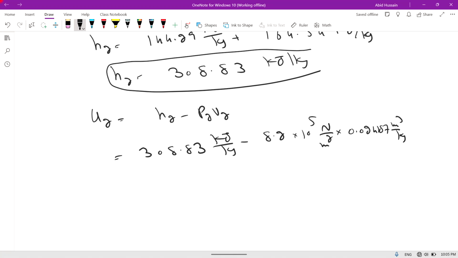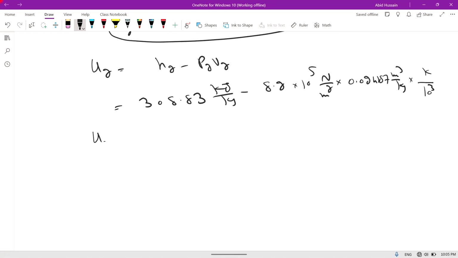But the first value is in kilojoule per kg, and the second value is in joule per kg. So to convert this into kilojoule per kg, divide by 10 power 3 and write kilo in the denominator. Kilo and 10 power 3 are equal, so multiply and divide by 10 power 3. So this value will be converted into kilojoule per kg.